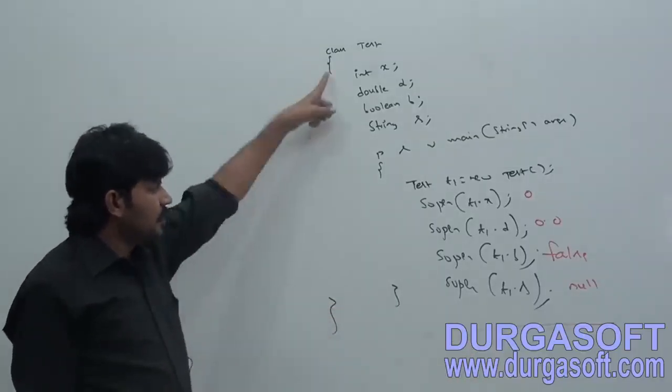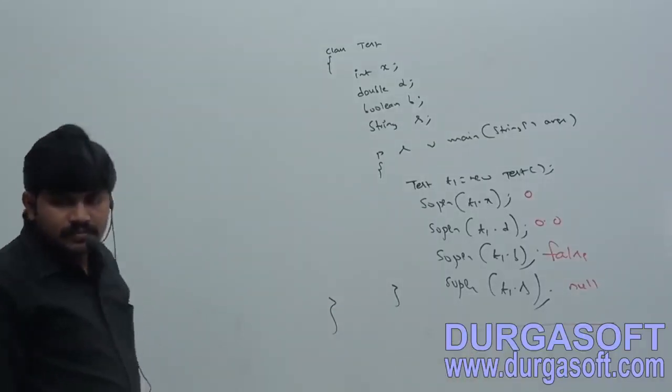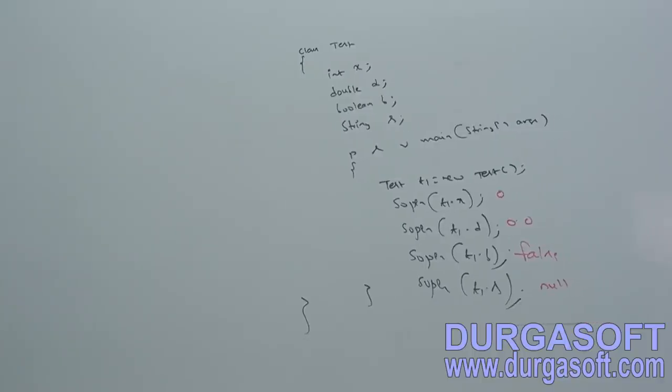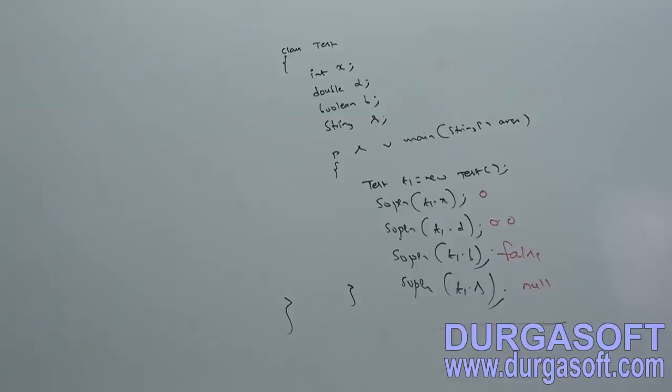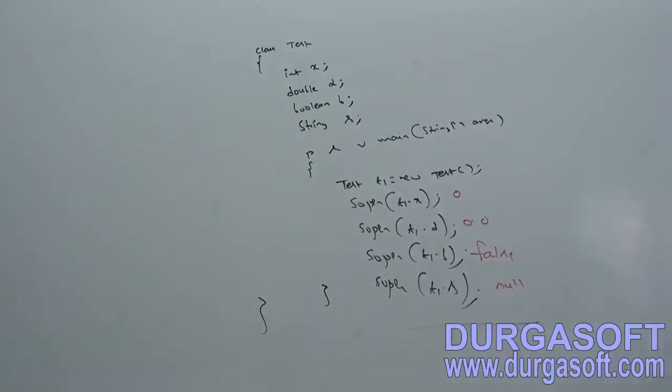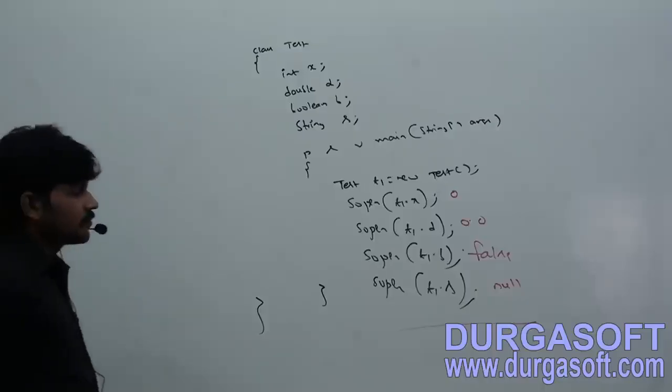Okay, now take this example. Class Test, int x, double d, boolean b, string s.